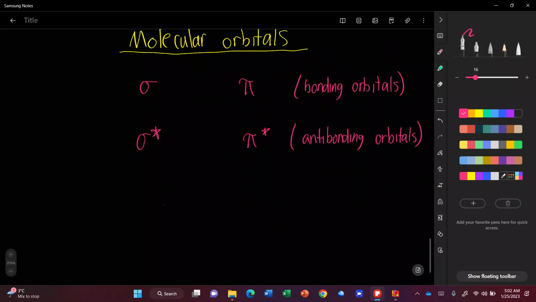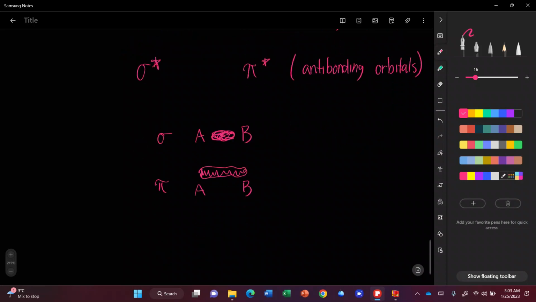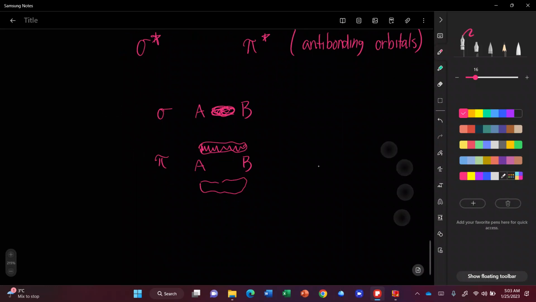So I already showed you a sigma orbital, it looks like this, and a pi orbital. If you want to get really technical, a pi orbital actually looks like this. But a lot of textbooks, and I agree, find it easier to view a pi orbital as literally just the p orbitals.